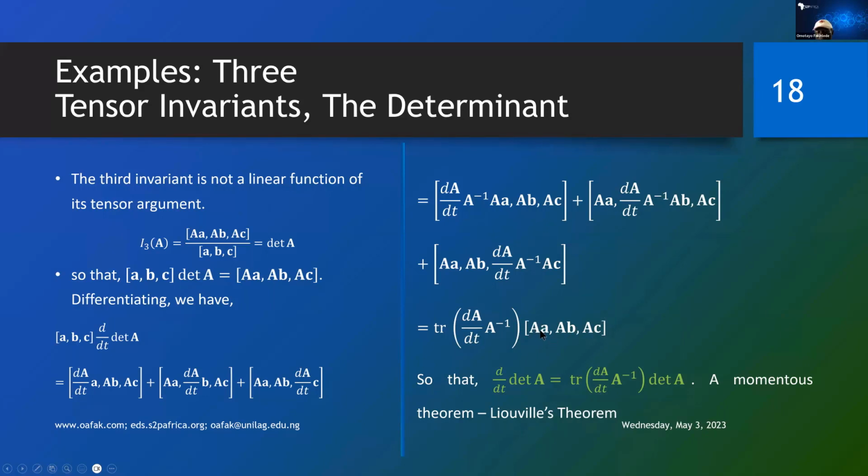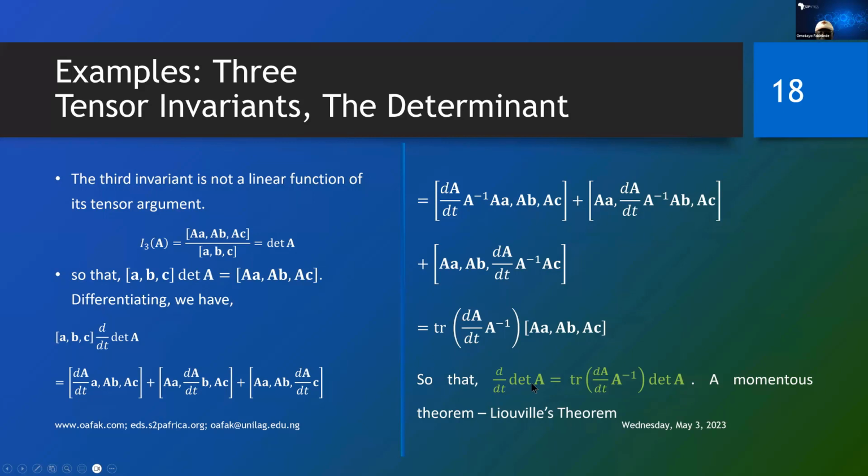When A operates on small a, small b and small c, if a, b and c originally are linearly independent, then Aa, Ab and Ac are also linearly independent. If you now take the [a, b, c] that is on the other side and use it to divide this, you have, in addition to this one, what we define as the determinant of A.